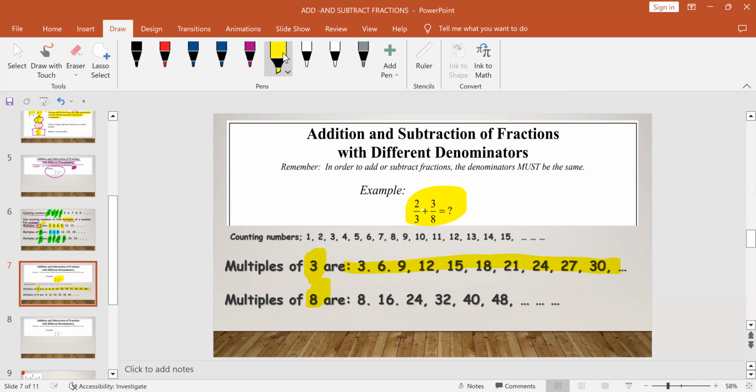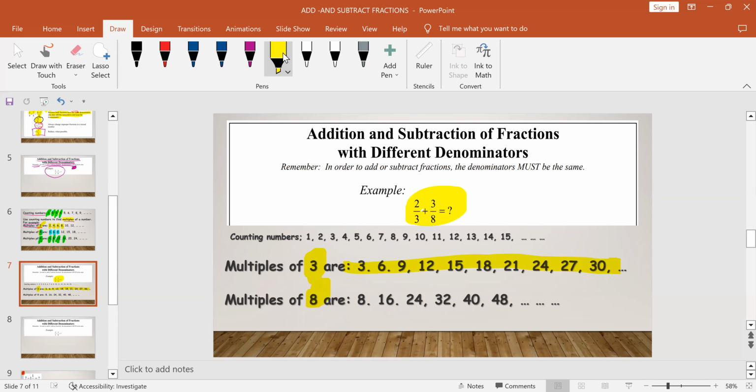The reason we are finding multiples of 3 and 8 is that we want to know, in the two lists, what is going to be the first same number we can find from each list. Here you will see that in the lists we have 24 and 24, which is the first same number.